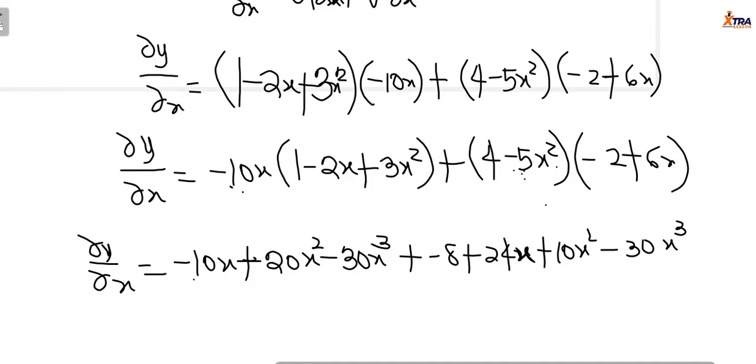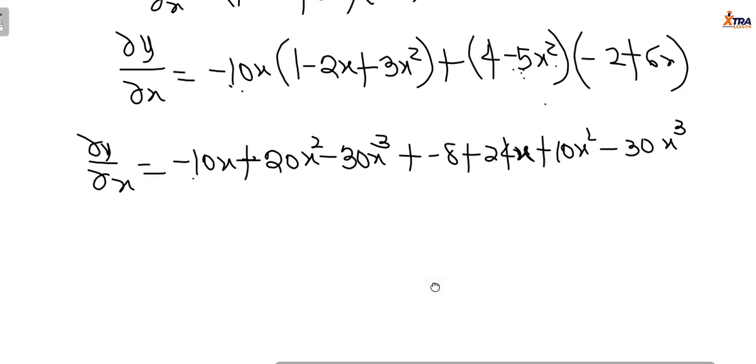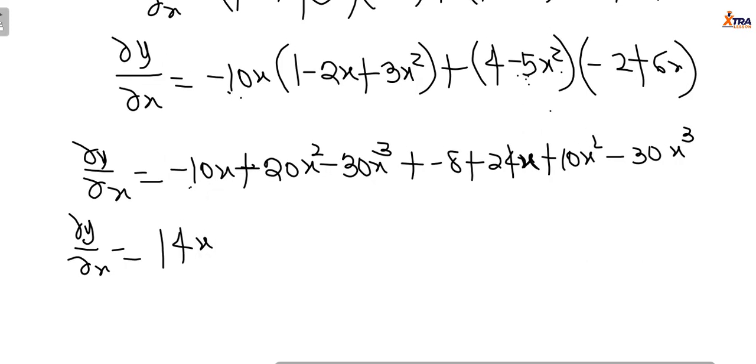So now let's simplify for that. So we're having minus 10x, anyone with x, we have plus 24x. So we have dy over dx equals to minus 10 plus 24, we have plus 14x. We have combined this and this because we're having x and x.